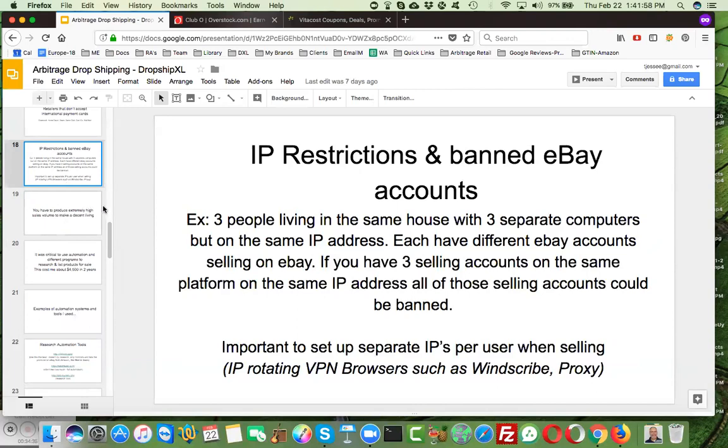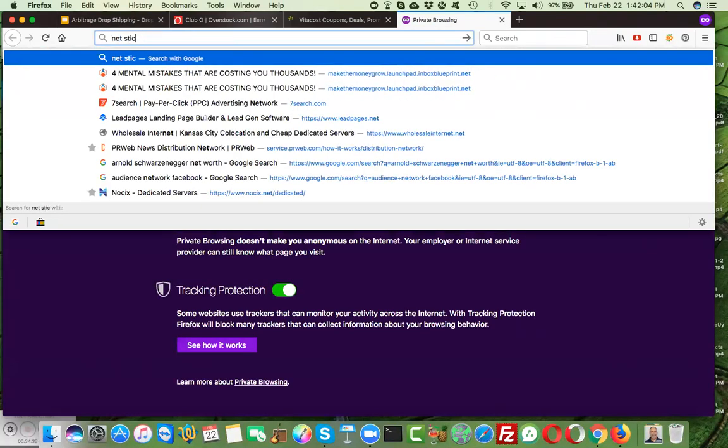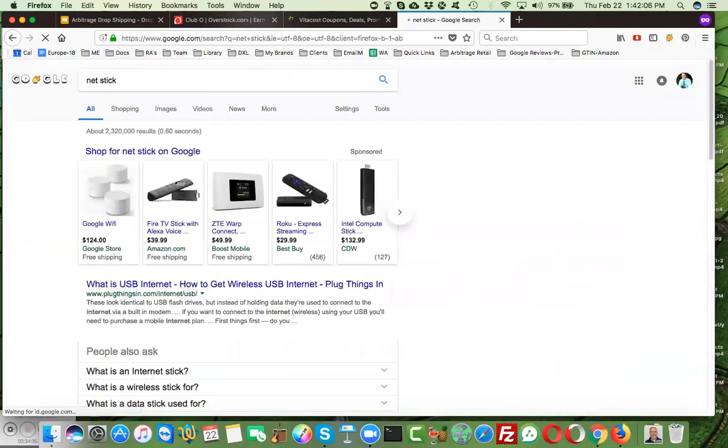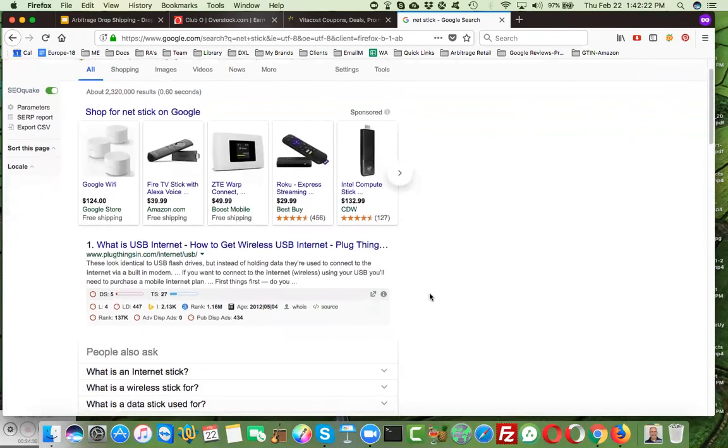Here it costs a lot of money. We call it a net stick because it's a USB internet device that goes on the cellular network. That's good to know.